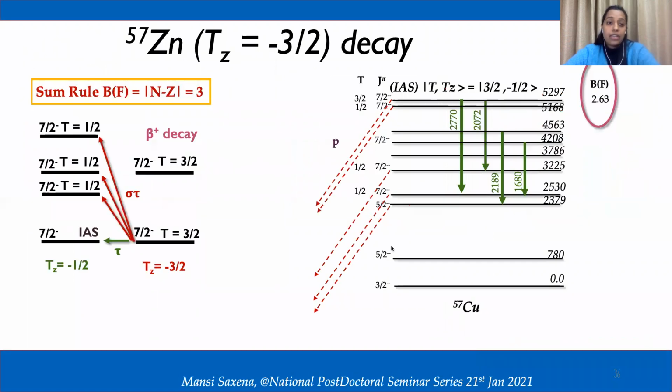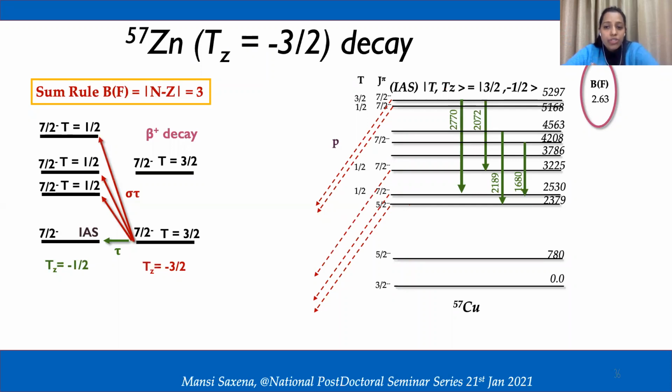Now there is yet another surprise in this nucleus. Any beta decay process that is taking place is characterized by either a Fermi or a Gamow-Teller transition. The super-allowed Fermi transition is proportional to the isospin raising or lowering operator tau, and the Fermi transitions connect states which have the same isospin, which we essentially call the isobaric analog state.